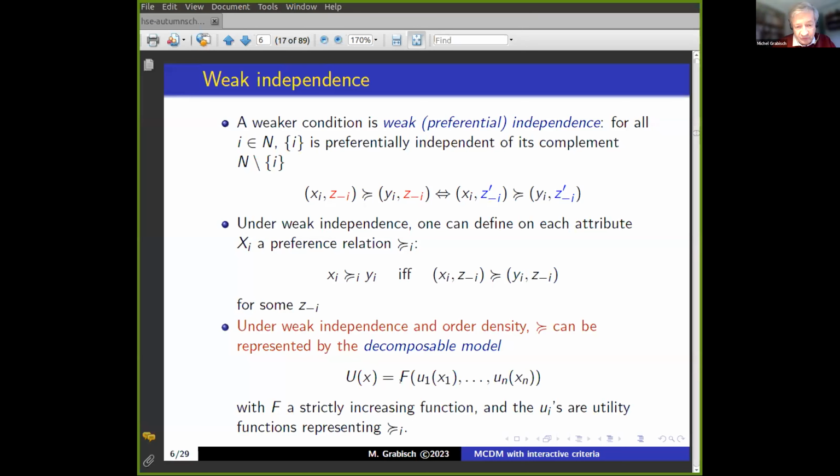Of course, this function has to be increasing and even strictly increasing. So this is a decomposable model, and all the rest of the talk will suppose this model. So it means that we suppose this property. Otherwise, we cannot build what I will explain. Okay, so this is mandatory.